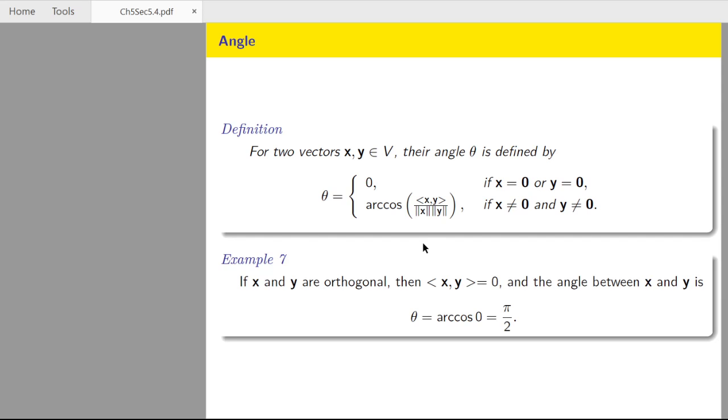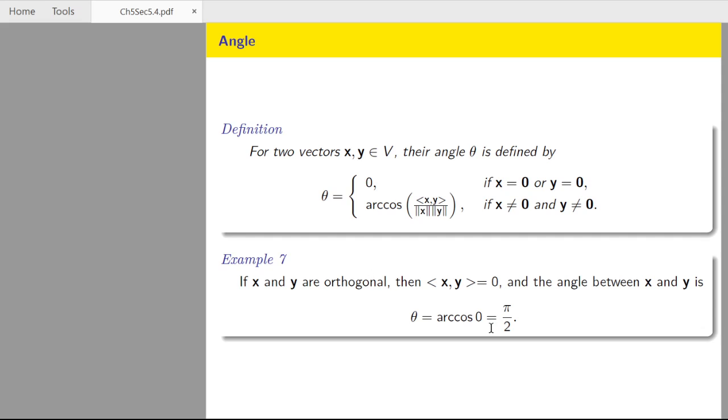Consider a particular example. If x and y are orthogonal, then their inner product equals 0. Then we just plug into the definition here. The numerator of this quotient is 0, so the whole value is 0. Arc cosine of 0, we know the value is pi over 2. So in that way, we call x and y orthogonal.